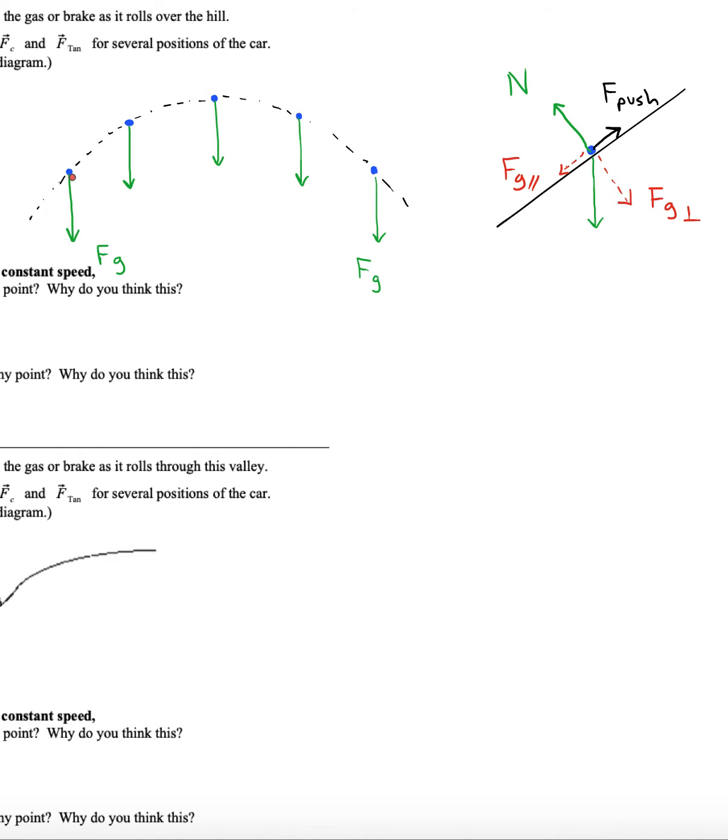First of all, we can find the Fg perpendicular. That's just a matter of creating a rectangle where the components are sides of that rectangle. So let's call this guy Fg perpendicular and Fg parallel.